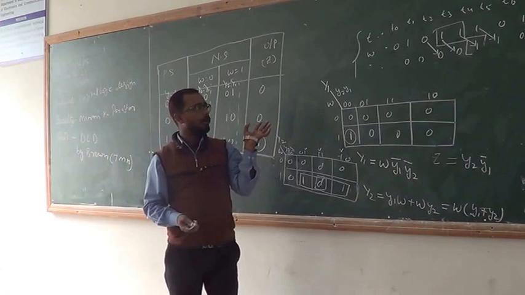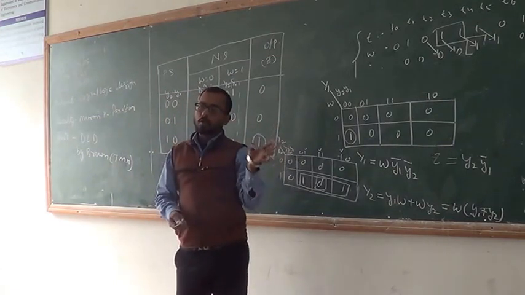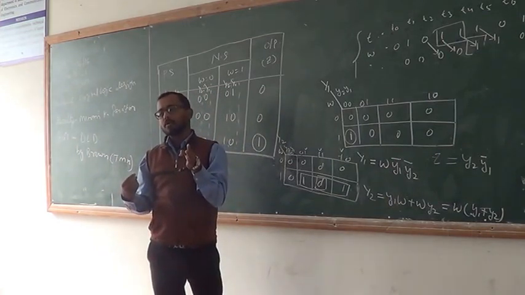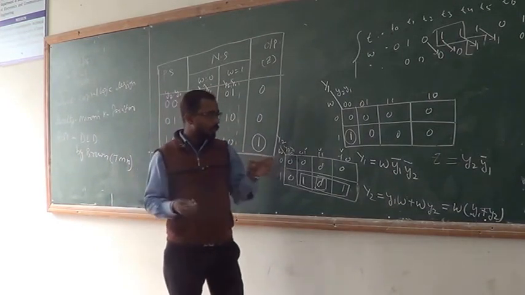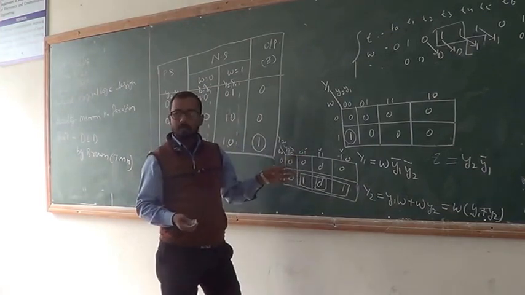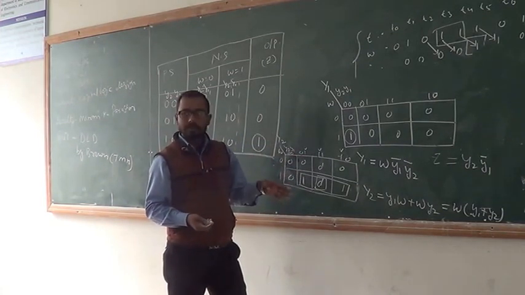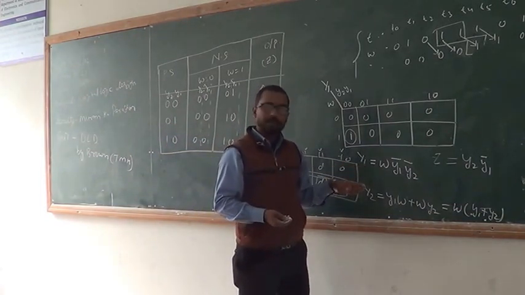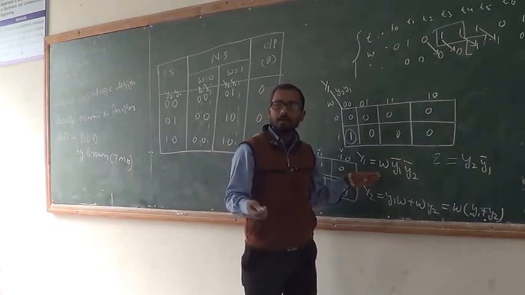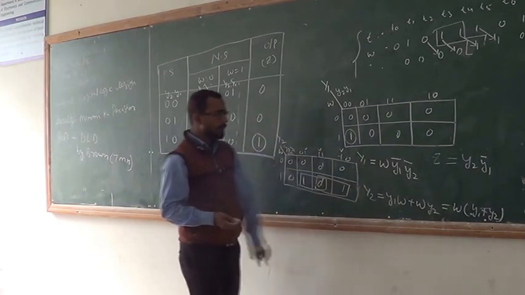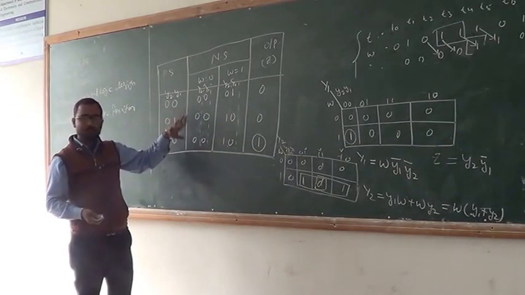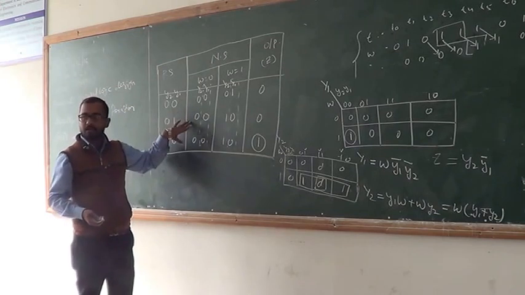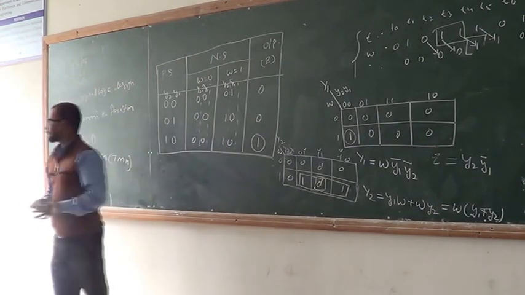Here your requirement is that when two consecutive ones occur, the output goes high, otherwise the output is always low. With the help of this activity, we design the relations by which we design a circuit level diagram. If you have any confusion, ask me any question. Do you understand what we are doing? Okay.